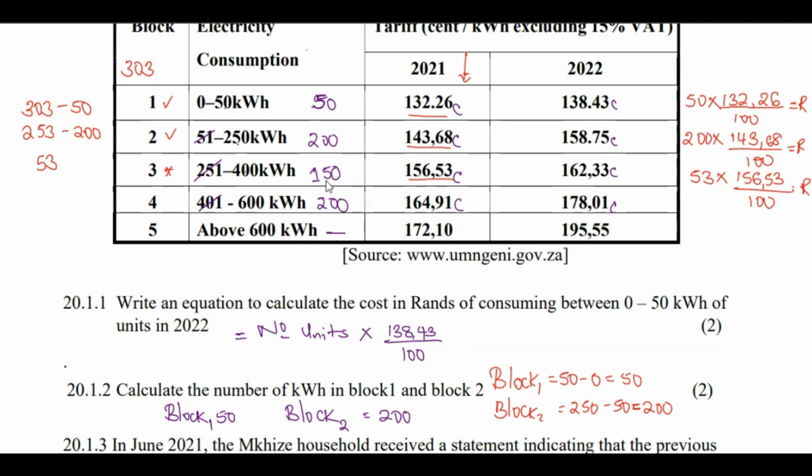Okay, now let's find the final answers. 50 times 132,26 divided by 100. This is 66 rands, 13 cents.